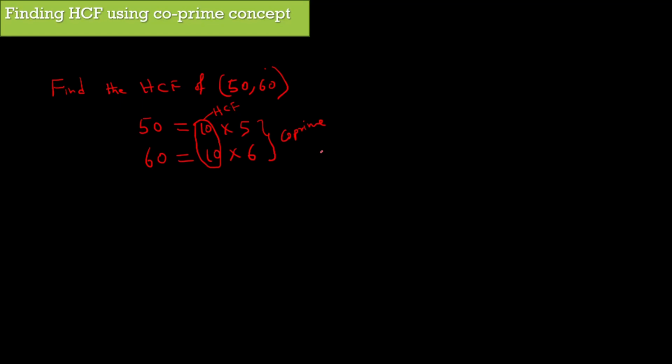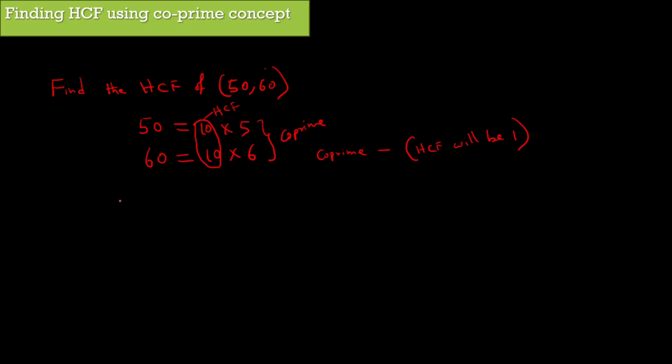Actually, what is co-prime? A co-prime set is the set of numbers whose HCF will be 1. Okay. Now, if you see here, the HCF of 5 and 6 is 1. So 5 and 6 are said to be co-prime.